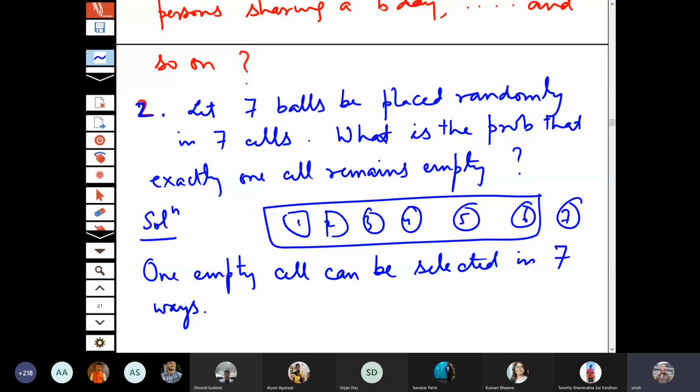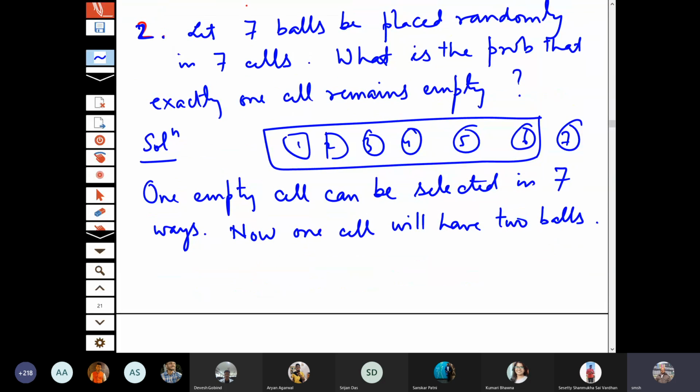What I am saying is exactly one cell remains empty, so none of these are empty, and you have 7 balls, so definitely one cell will have 2 balls and 5 cells will have 1 each. So now one cell will have 2 balls.